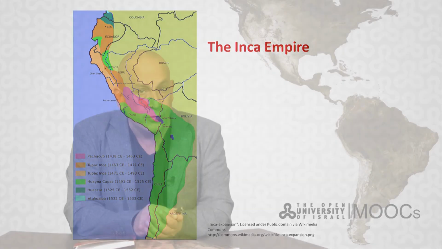In this case too, we see the Spanish conqueror Pizarro arriving in the area of the Incas with a total of 180 soldiers, 27 horsemen, and 2 guns. He too forges a political and military alliance with a brother of the Inca king Atahualpa, and with his help he manages to take over the empire.